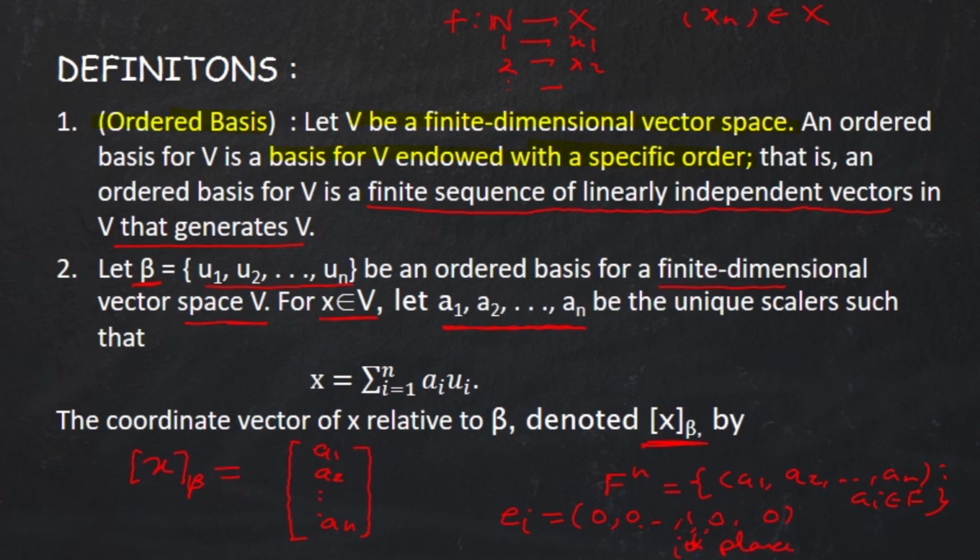So for F2, let's say the set becomes (1, 0) and (0, 1). For F3 it becomes (1, 0, 0), (0, 1, 0) and (0, 0, 1). Such a set is a basis, and this basis is said to be the standard ordered basis for Fn. Okay, so remember this is the standard ordered basis for Fn.